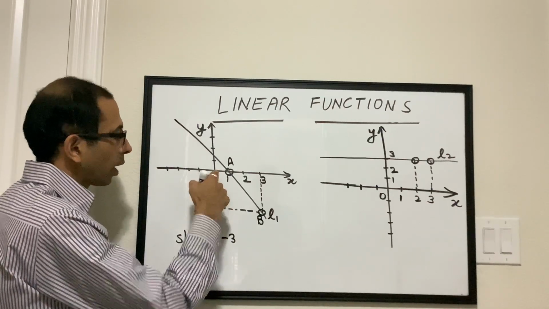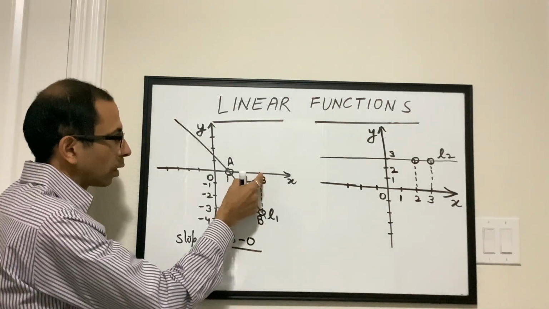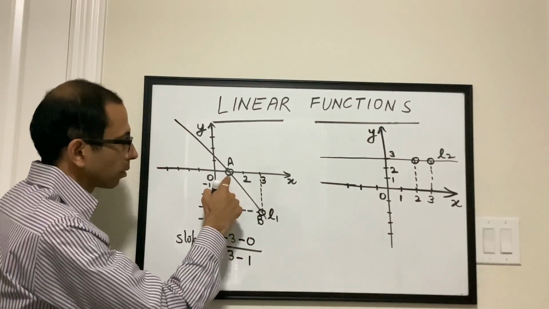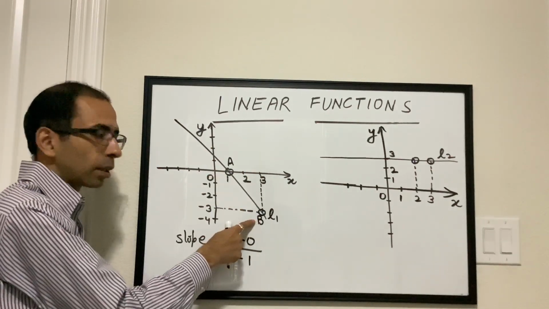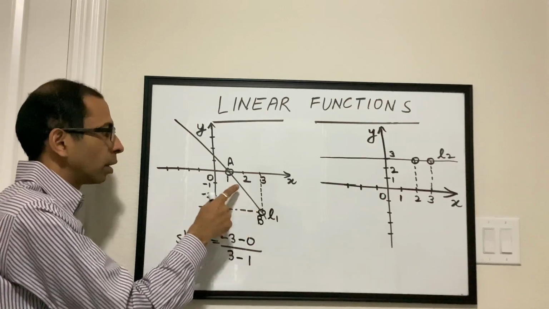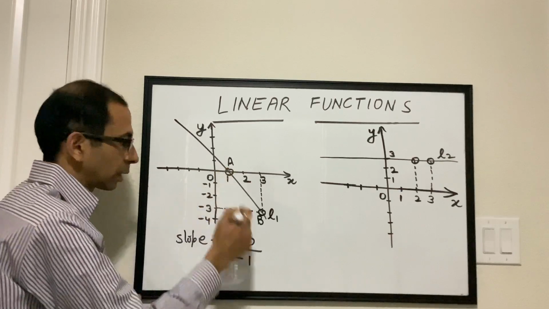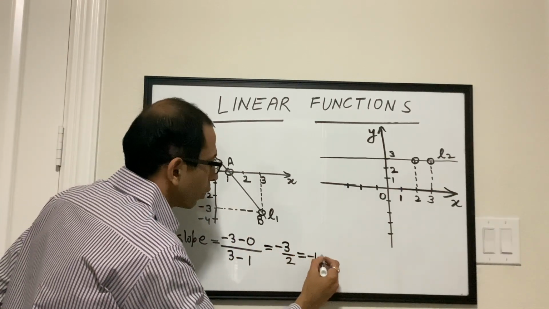The initial value of y was 0, so minus 3 minus 0, divided by the change in x, final value of x minus the initial value of x. Right, so we are going from A to B. A is our initial point and B is our final point. So final y minus initial y divided by the final x minus the initial x. So this becomes minus 3 over 2, which is minus 1.5.